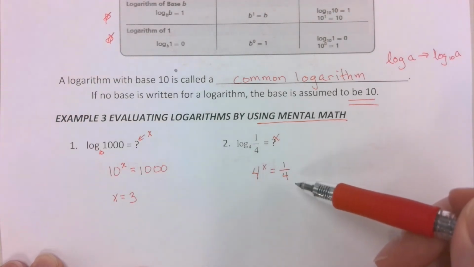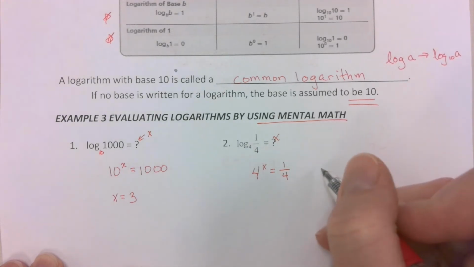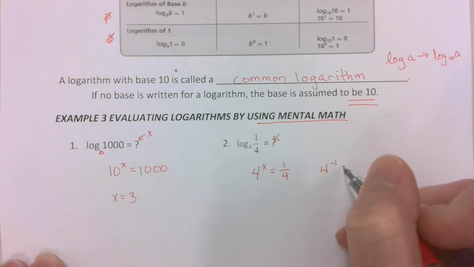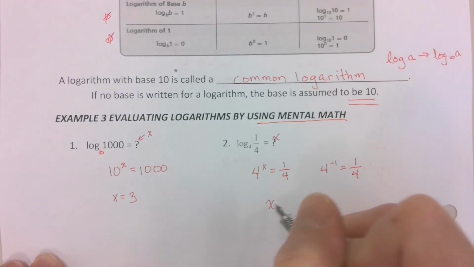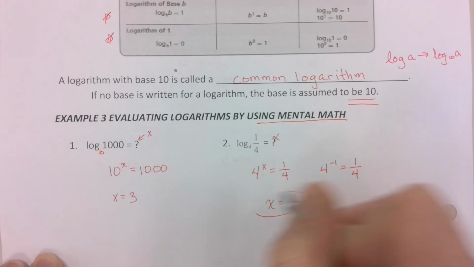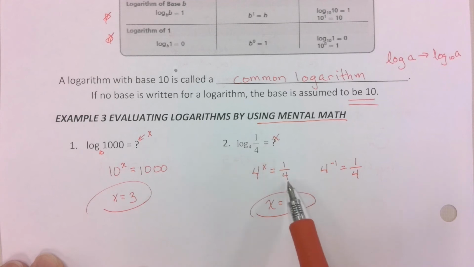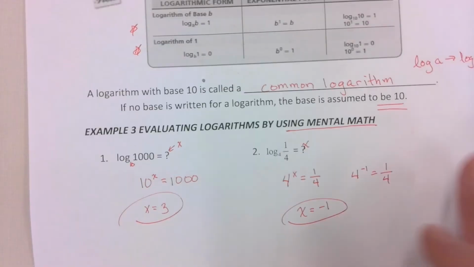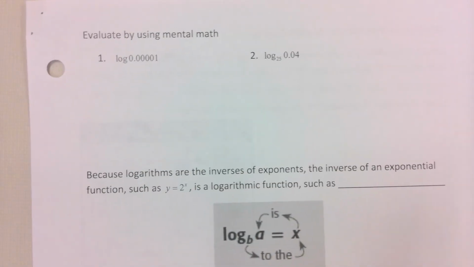What makes something move down is that negative exponent. So if I think about this being 4 to the negative 1, wouldn't that create the idea of 1 over 4? So my x value is negative 1. I kept the base of 4, but it moved to the bottom, and a negative exponent is going to move it to the bottom.